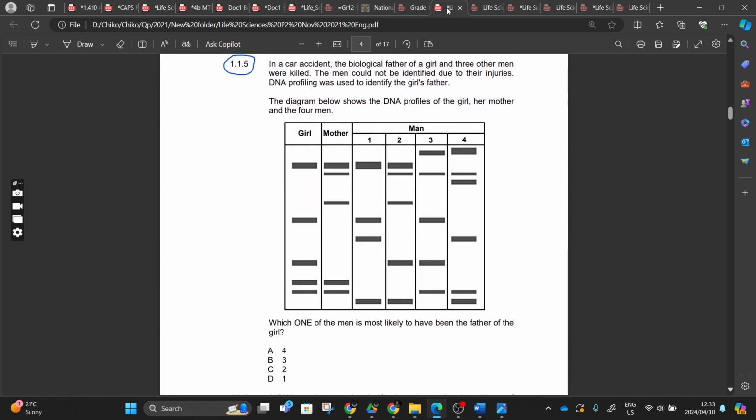And then 1.1.5, this is where we'll start with blood groupings. After blood groupings, we can now go to these activities, genetic engineering and stem cell, right? They use those questions mostly on investigation. They'll give you a small investigation, and then they ask you the question. I'll show you.